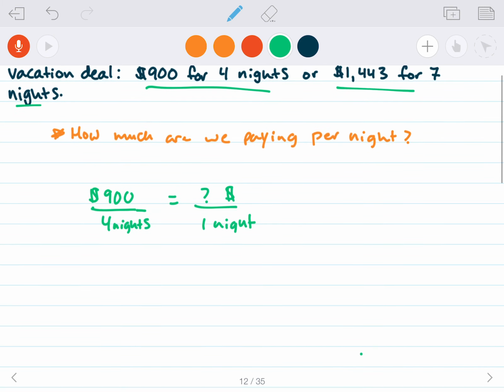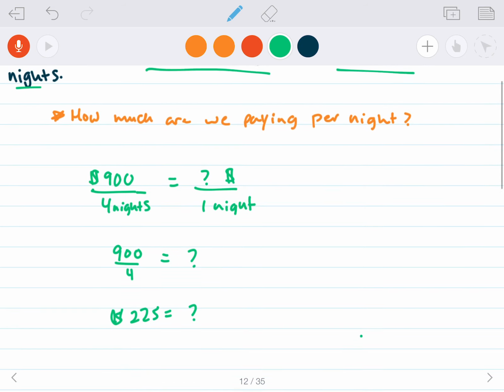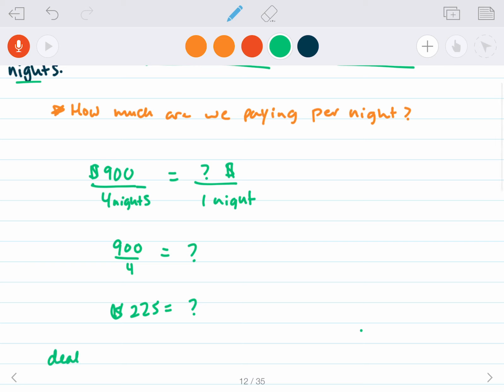So how do we do it? Well, just set up the proportion. 900 over 4 is equal to question over 1. Question over 1 is just question. 900 divided by 4 is 225. So for deal 1, we're going to be paying $225 per 1 night.